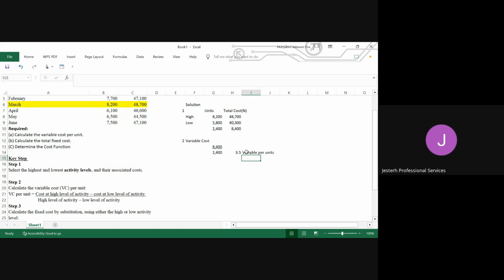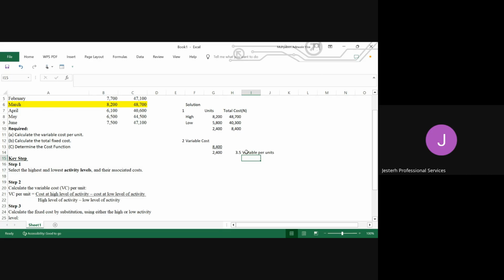The formula says we look for the difference between the associated cost of the high and the low, where we get 8,400, and then the difference between the levels of activities, the high and the low, which gives us 2,400.